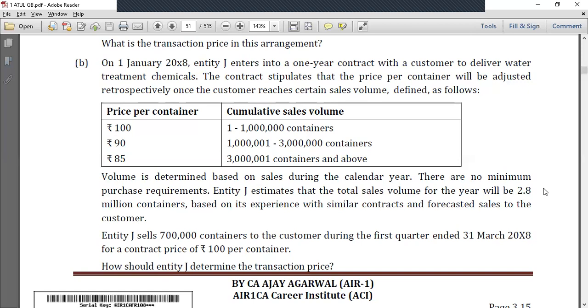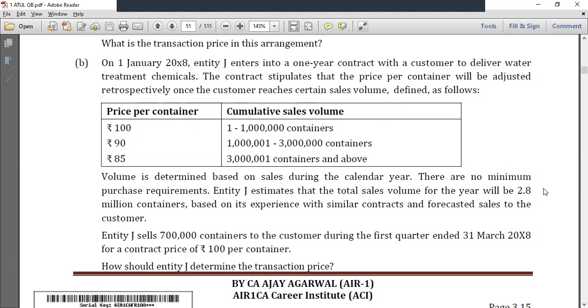So here, based on the estimate of 2.8, it thought it would cross that. It should be 90 rupees because it is between 10 lakhs and 30 lakhs. But what did entity Y do? It sold these 7 lakh containers to the customer during the first quarter, ended 31st March 2018, for a contract price of 100 rupees per container.